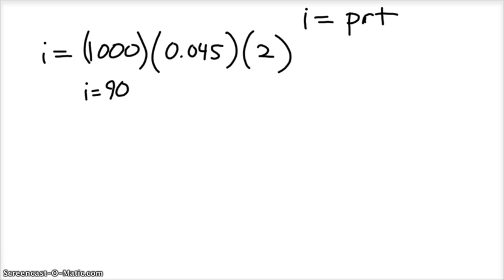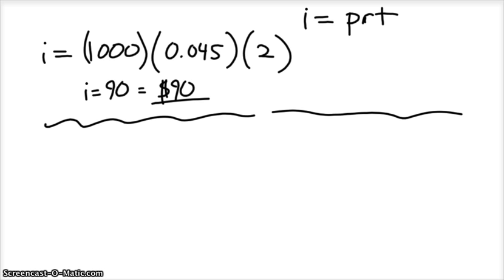What is that? 90 piñatas, 90 chihuahuas? No, that would be $90. That's right, $90 is what your interest would be. That's how much you would earn over 2 years if you put $1,000 into the bank with a 4.5% interest rate.